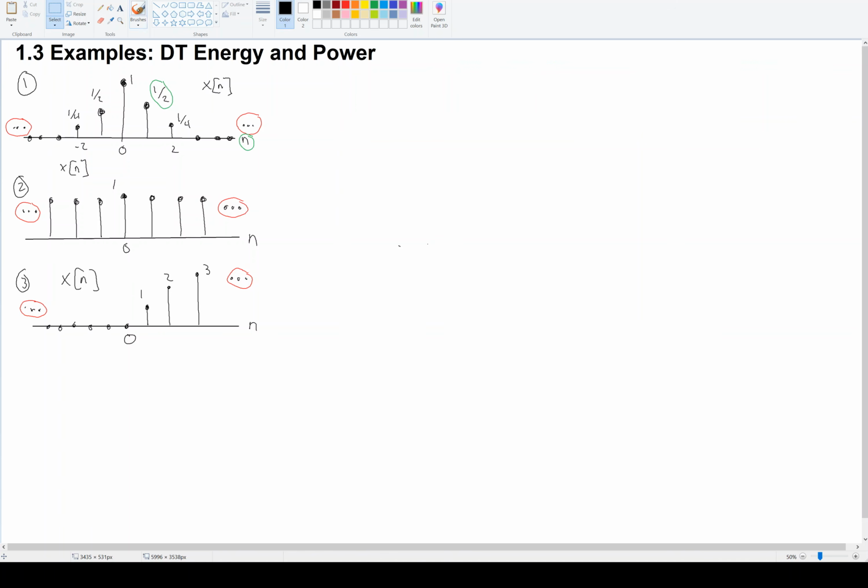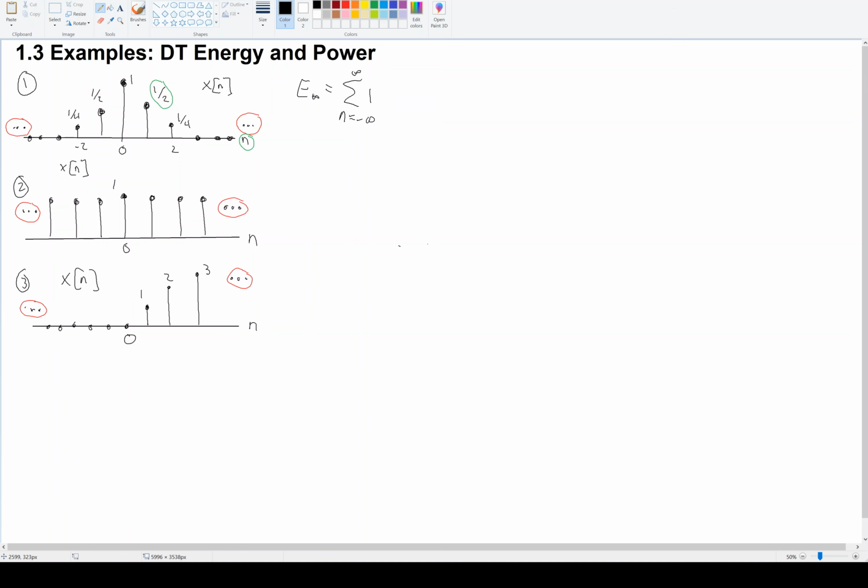And we're going to go to example 2. Now example 2, calculate the energy, is again purely real, and it goes on forever, so I'm going to have to calculate this sum, and my signal here in this range from minus infinity to infinity is 1, and when you square 1 you get 1 back.